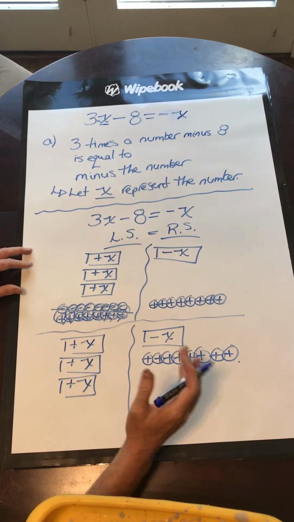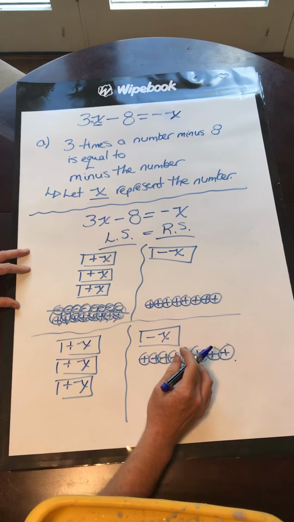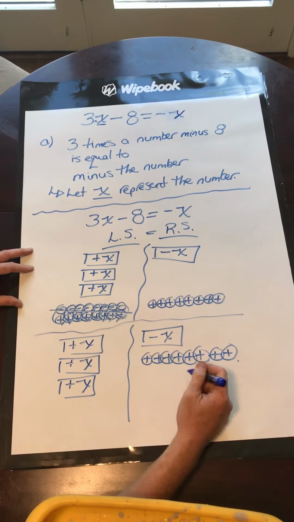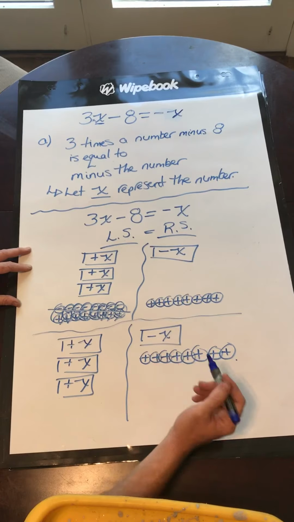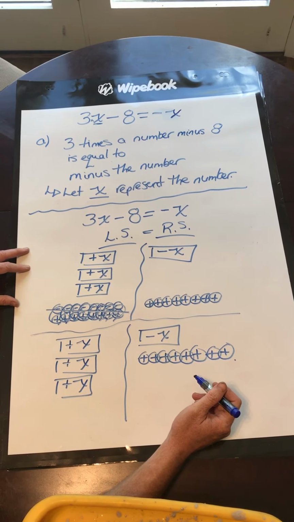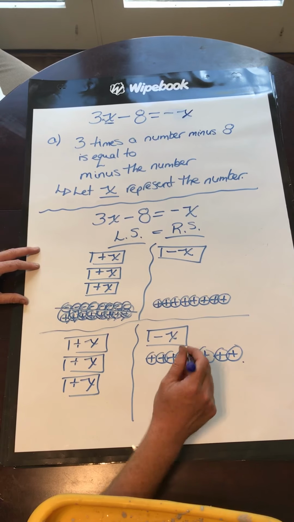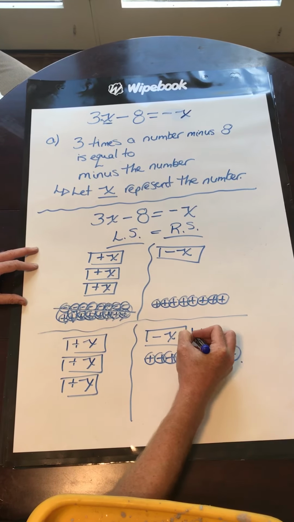So I'm still trying to get all the x's to one side and all the unit tiles to the other side. I only want unit tiles on this side, so I've got to get rid of this negative x. How can I get rid of that negative x? Well, I can add a positive x to the right side. So I'm going to add a positive x to this side here.